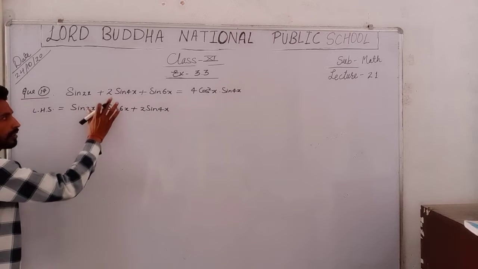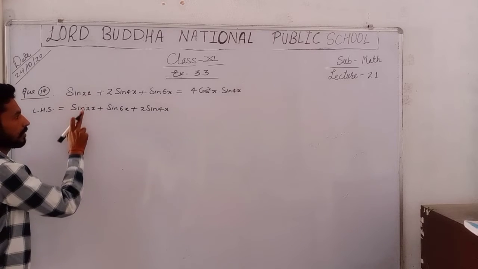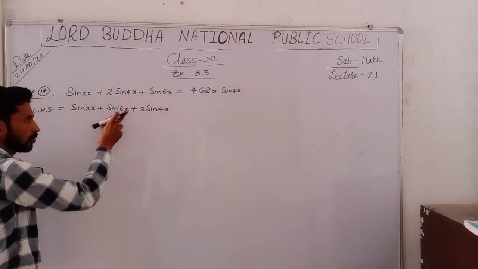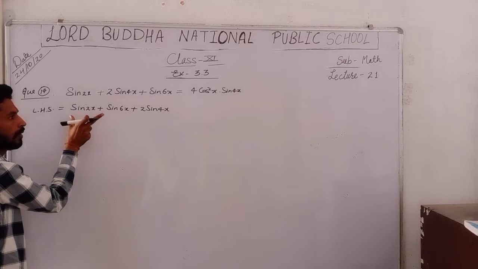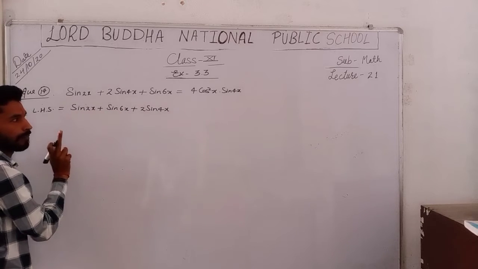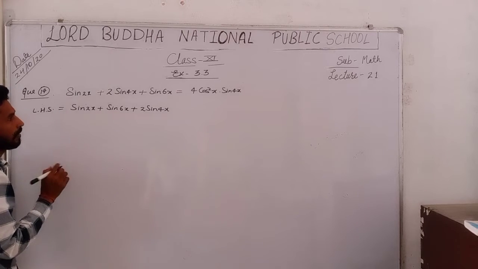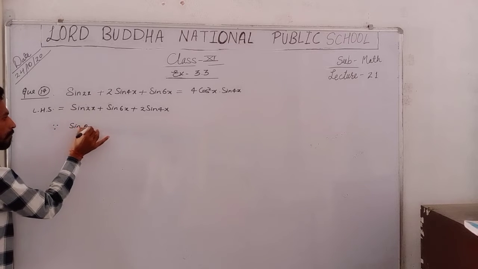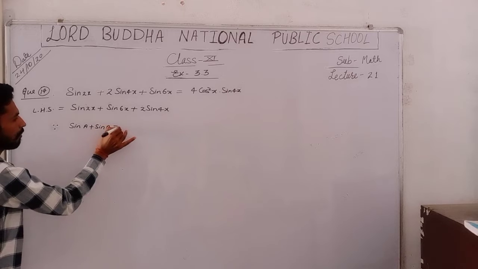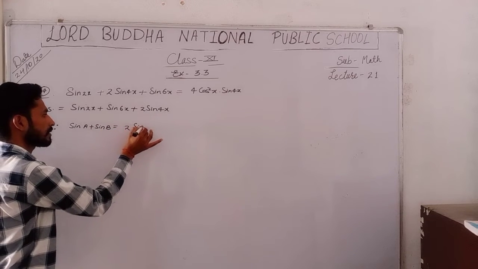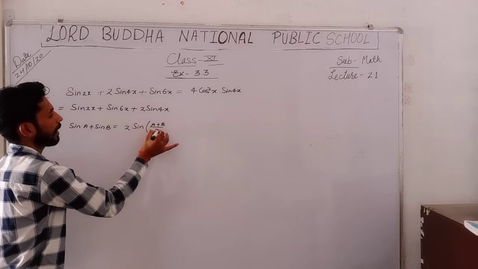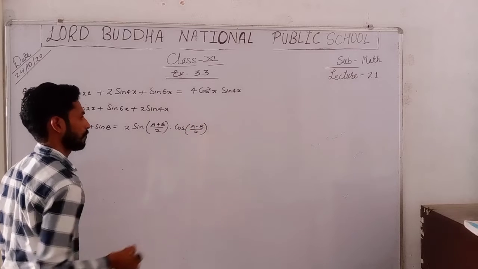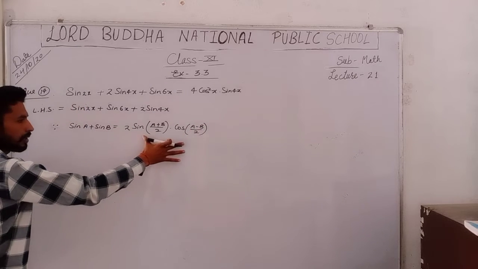We are arranging this statement here because sin 2x is already written and sin 6x is the last term, so we write it here because we want to put the formula of sin A plus sin B. Now we know the formula of sin A plus sin B is 2 sin (A plus B) divided by 2 into cos (A minus B) divided by 2. So in place of this we will put this formula.